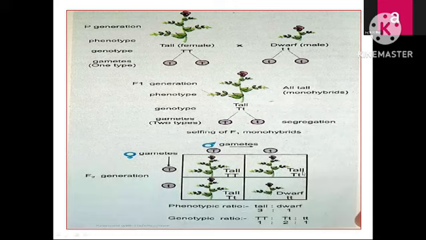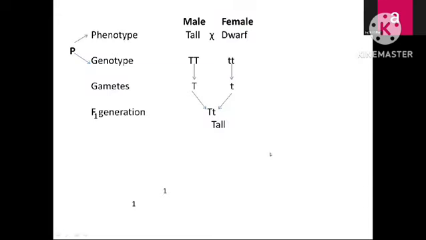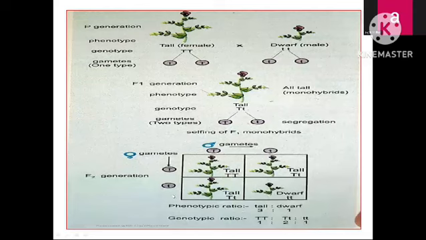Now, capital T cross with small t, result is capital T, small t, plant is tall. And last one, small t cross with small t, result is small t, small t, and plant is dwarf.